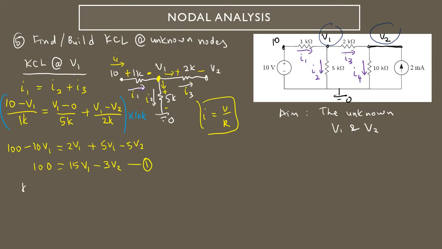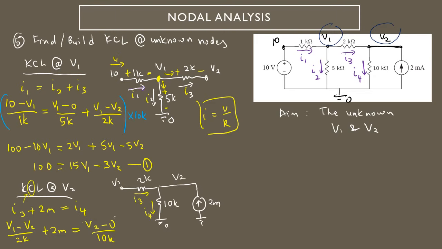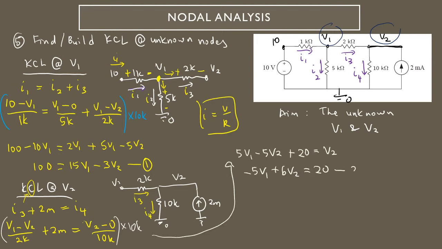Next, find KCL at node 2, V2. What is the equation? You can always draw it. You can multiply this by 10K and simplify. You will get the second equation after you rearrange this.